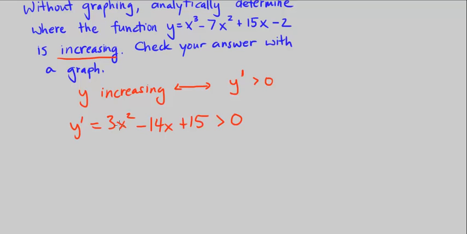Well, remember, when we have a quadratic greater than something, we can set it equal to 0 first, and that's going to show us the points where y prime is equal to 0.